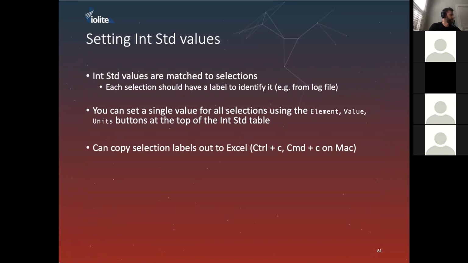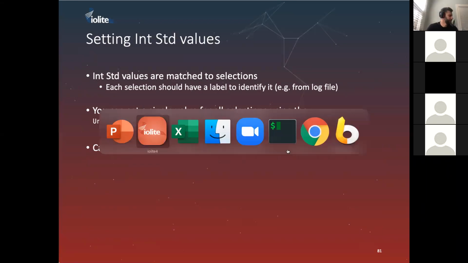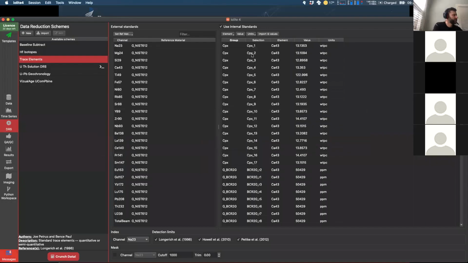One of the key parts of this though is that each of your selections, if you want to use a different value for each selection, has to have a name, has to have a label associated with it. And you can type those in manually, but generally they would come from your laser log file. Otherwise it doesn't know where to apply each value.